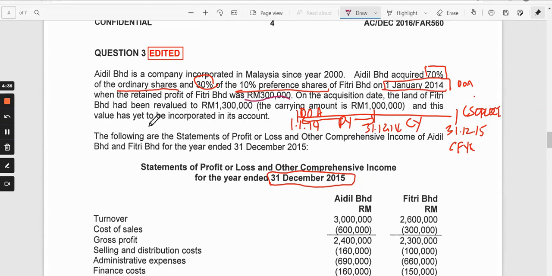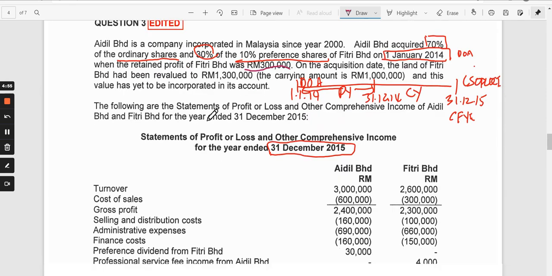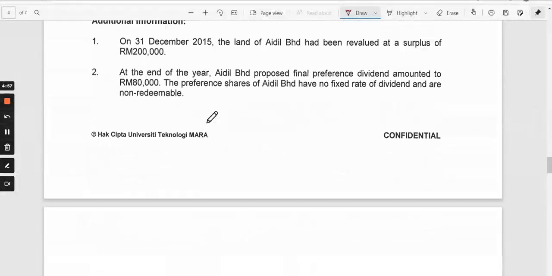You have this information that there was a fair value adjustment for land of Fitri on the date of acquisition. So this has to be incorporated on the date of acquisition, and that will affect the calculation of goodwill. However, in this question you are given the information on goodwill.